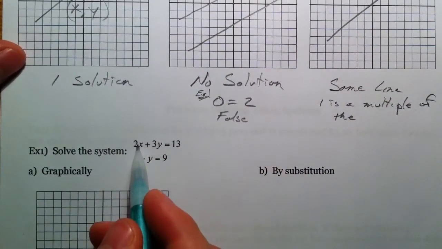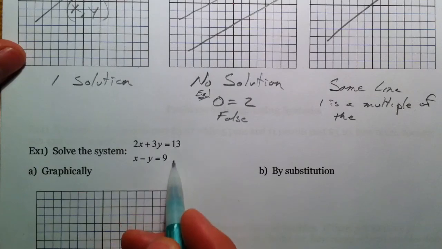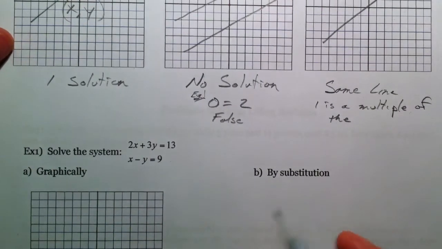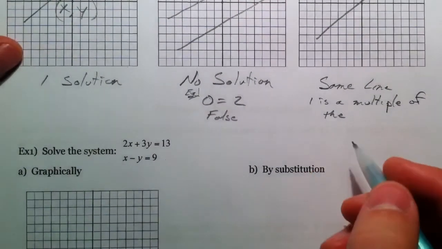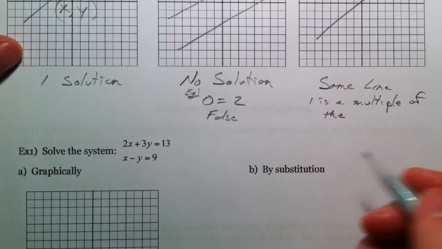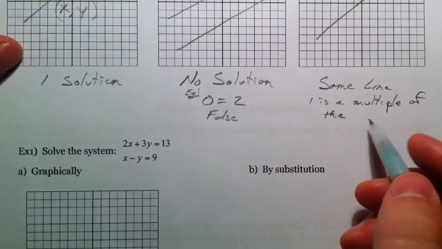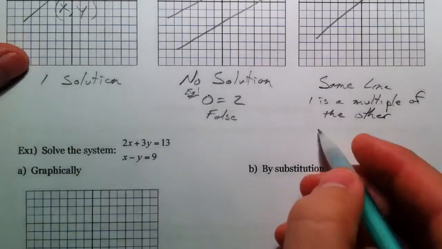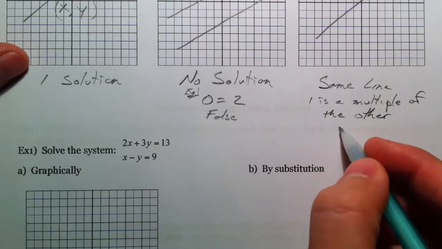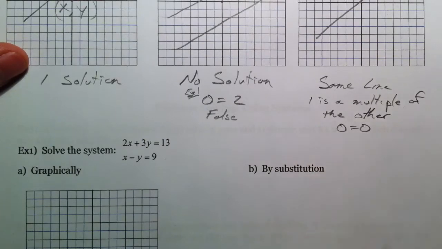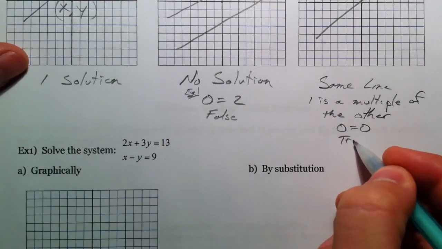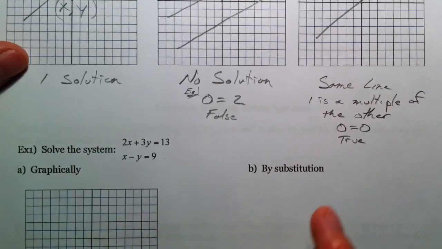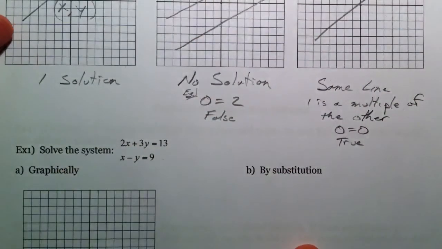But it could be that one is 4x plus 6y equals 26, and maybe you don't notice it right away because you just get into solving it and are really excited about canceling out variables. One is a multiple of the other, in which case you would get 0 equals 0, a true statement, because you actually have a solution, it's just a lot of them.